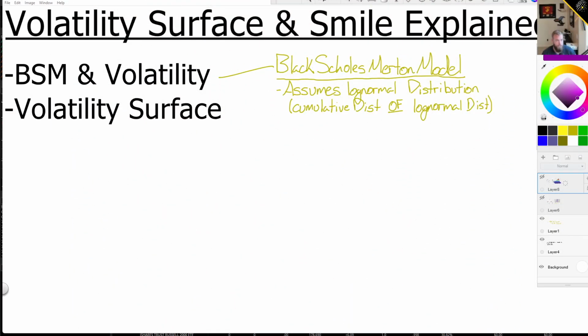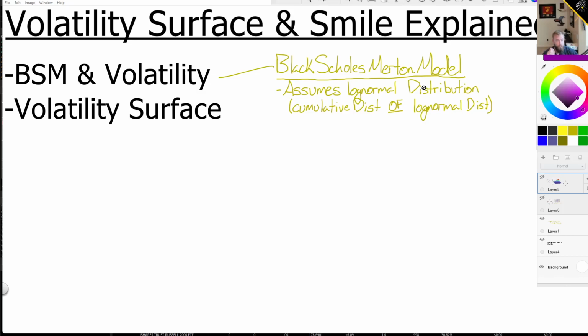So as I already mentioned, the Black-Scholes-Merton model comes with a whole list of assumptions, and not all of them are accurate. One of which is the pricing of an underlying security. And the reason why that matters is because it impacts how implied volatility is assumed to be. So when we're talking about the BSM, it normally assumes a log normal distribution, which in this scenario, I'm specifically referring to the cumulative distribution of a log normal distribution.